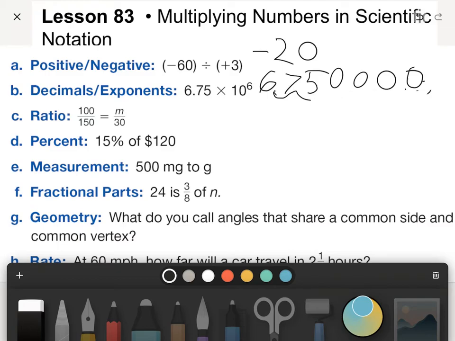I'm going to erase my little wavy line. So that gets us 6,750,000. All right, then this is really just 2/3, right? So that makes m equal 20.